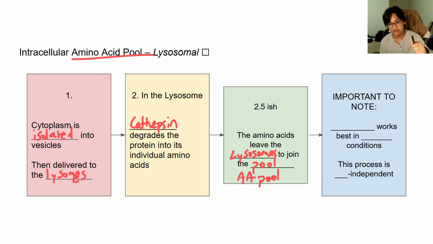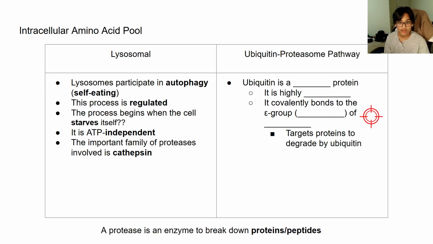Important to note, because these are the two things that he wrote down, pepsin, where does it work best? Acidic, basic, acidic. I don't know why. So this process, does it involve ATP? No, it's ATP independent. So this is what we know now.